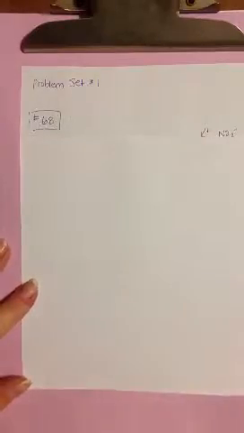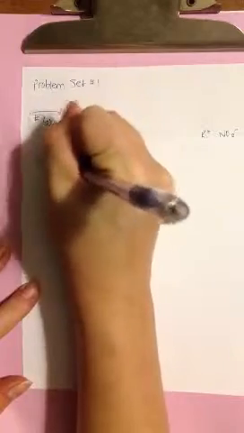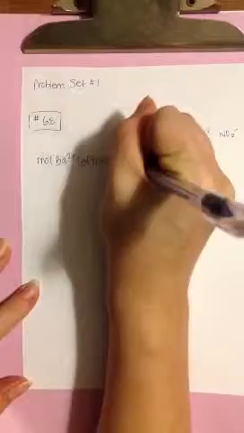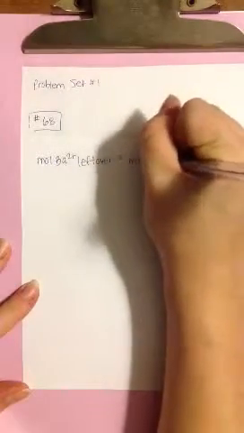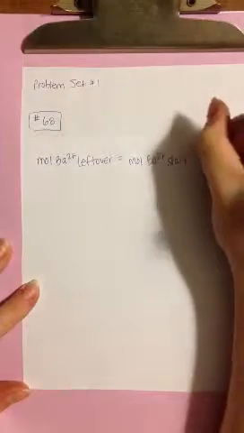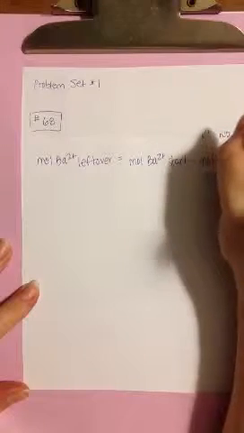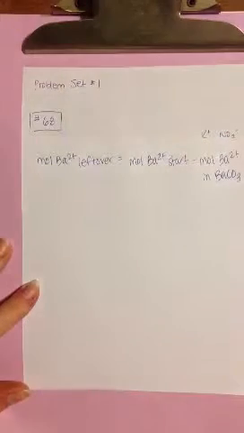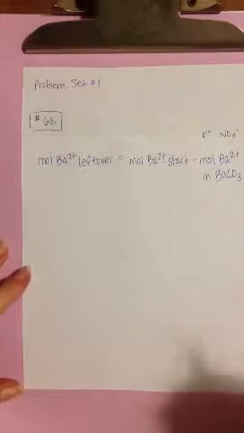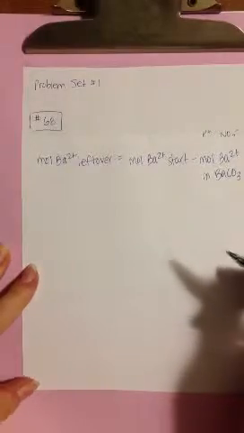And if I continue, so I know the moles of Ba2+ left over is the moles of Ba2+ that I start with minus the moles of Ba2+ in the barium carbonate. So basically, barium can be in 2 spots. It's either in barium carbonate or in the Ba2+. And I've got to figure out what's left over.